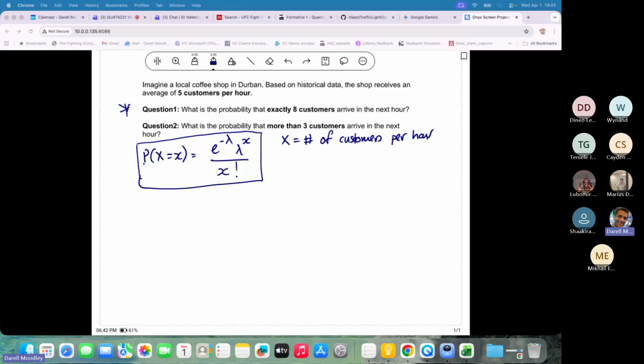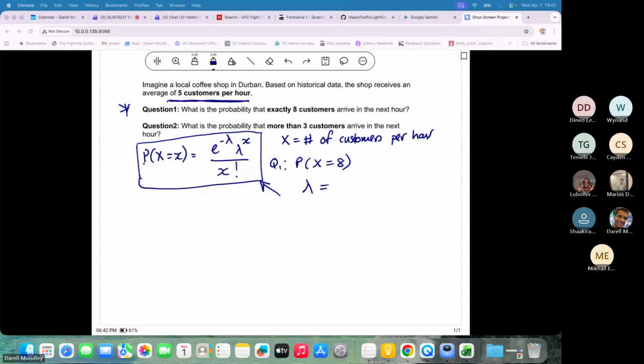And what question 1 wants us to work out is, what is the probability that x equals 8? So we're going to substitute 8 in our equation where we see x. And our lambda, we're going to replace with our average given to us in the question, which is 5.